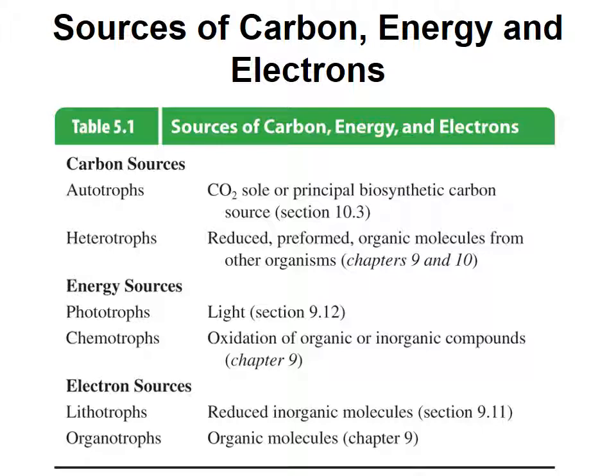Now let's use this same system to classify a plant or algae. Again, we start with energy sources. Plants or algae are phototrophs. So photo becomes the first part of the name. Moving on to electron sources, plants and algae are lithotrophs.